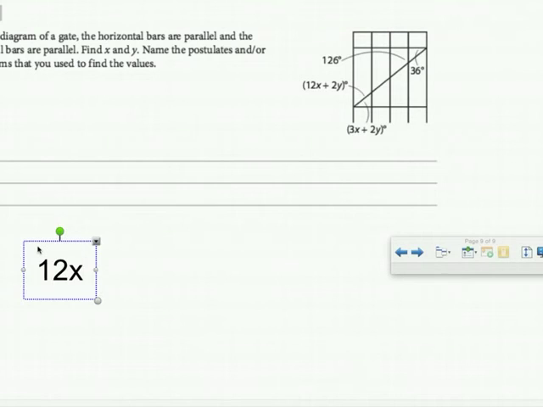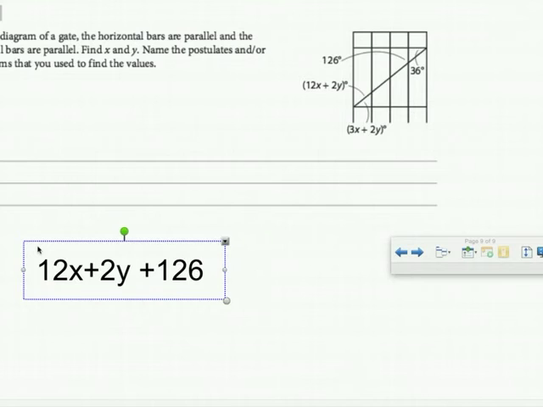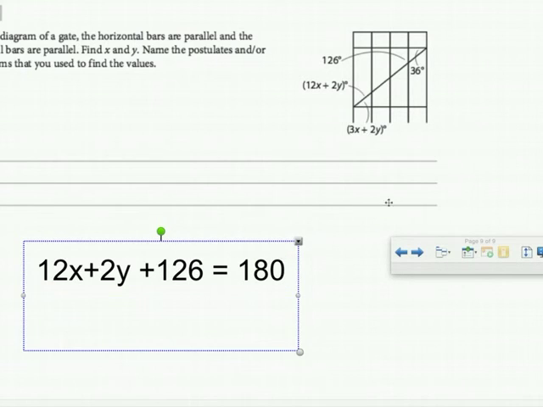So I know 12x plus 2y plus 126 will equal 180. And I know that this 3x plus 2y angle here is alternate interior to this 36. So that means they're equal. So 3x plus 2y equals 36.